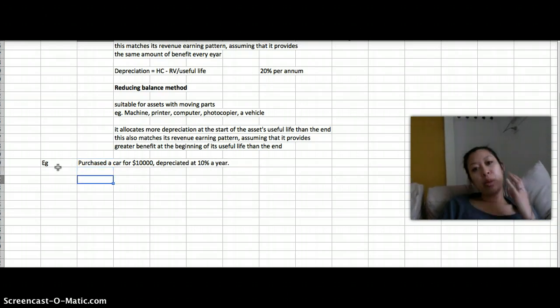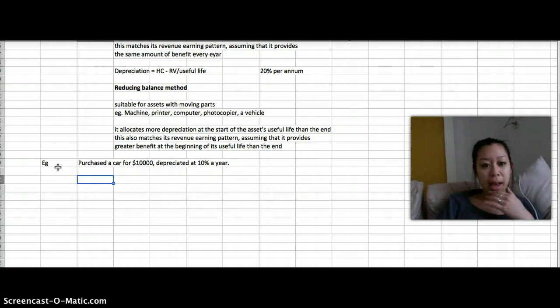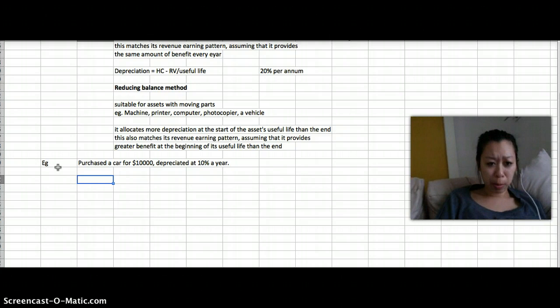If you think about it, which way should we use? Does the car have moving parts? Yes. So we should use reducing balance, but it's up to the accountant whether you want to use straight line or reducing balance in terms of the course, as long as you justify it. If it specifically tells you to do straight line, you should do straight line. But if you were to make a decision, I think reducing balance would be better for a car.